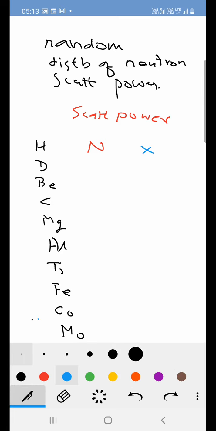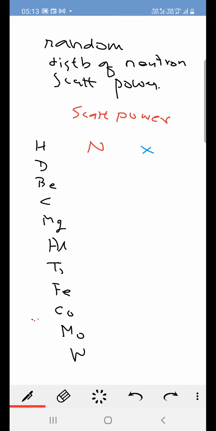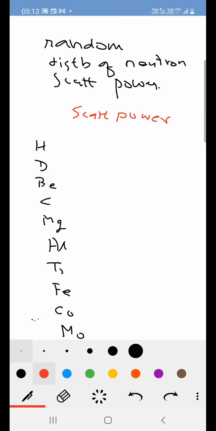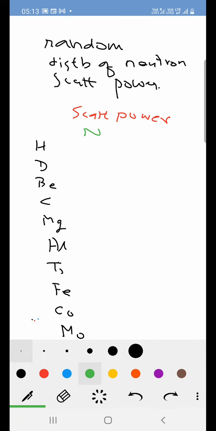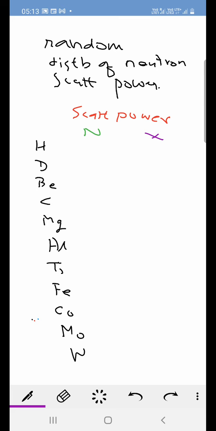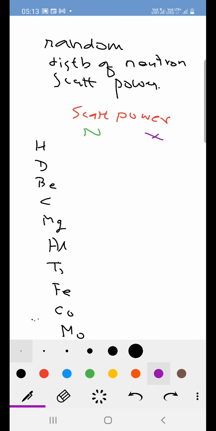The scattering powers for a hydrogen atom are as follows.